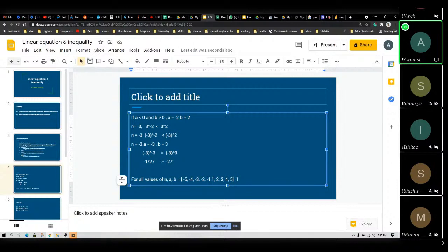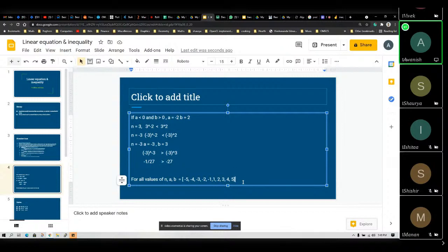Did you get the homework? Yes, sir. Shaurya? No, I understood making the table with different values of n, a, and b, but I did not understand the other part.